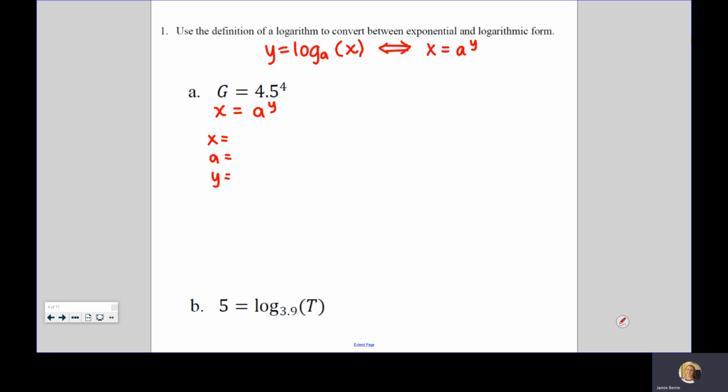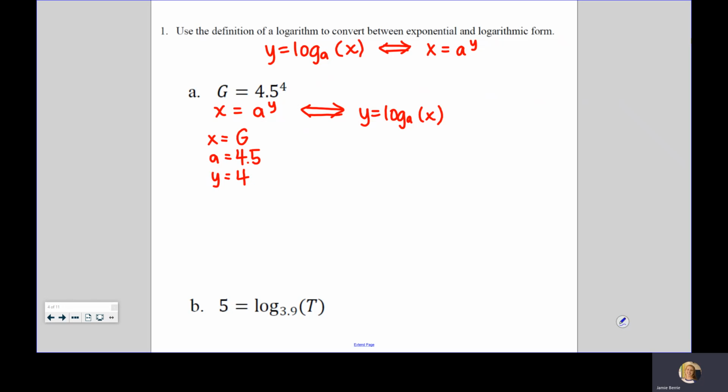X would be capital G. A would be 4.5. Totally fine for a to be a decimal or a fraction. And y is 4. So then you just go over here and convert this to logarithmic form. Make sure you write a as the little base, so it should be in the subscript there.